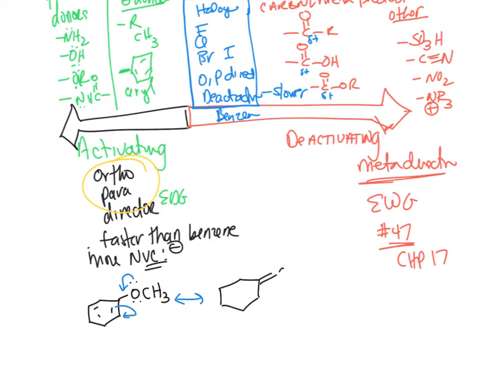And so these electrons then can go here. And you see how you get a negative charge on the ortho position?